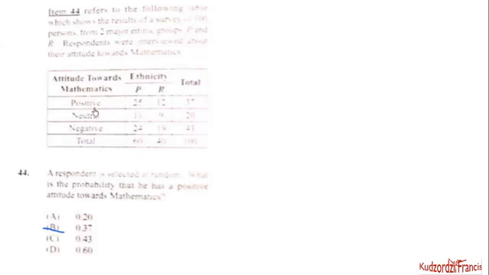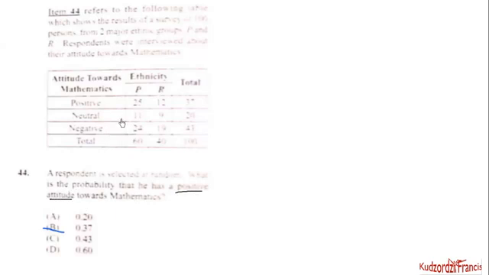So this is the table. We have positive 25 for these people and 12, then neutral. We can see the numbers. Now a respondent is selected at random. What is the probability that he has a positive attitude towards mathematics?